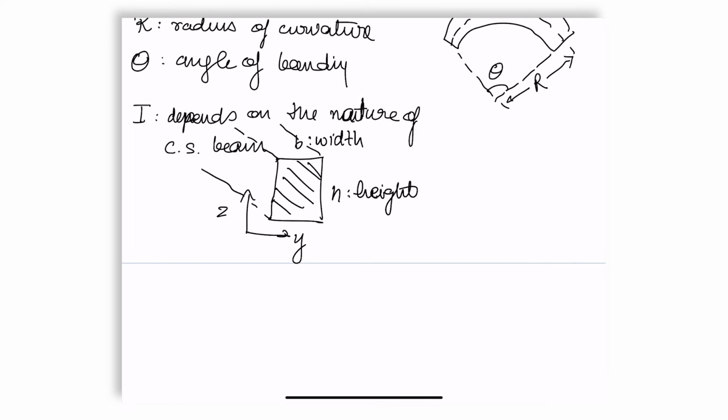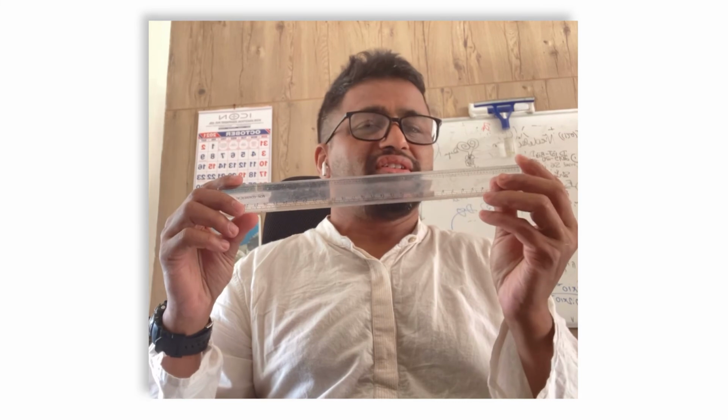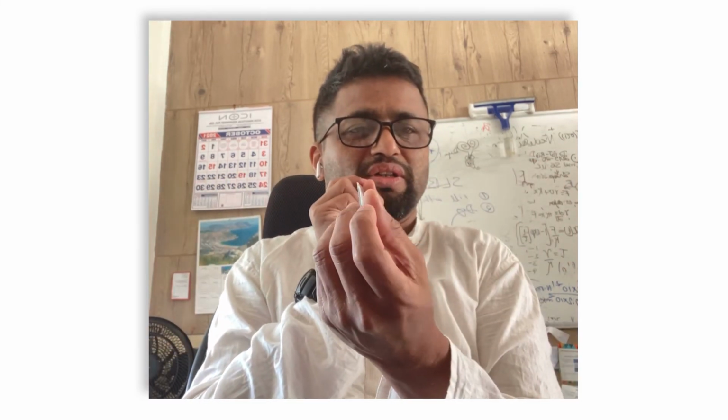So let's see what I can do with my camera. All right, I think you see it. If I have my ruler, which I try to bend in this direction versus in this direction, you understand the difference. Now, if I call this my height, cross-sectional height, and this the thickness, it's a reasonable assumption to make.